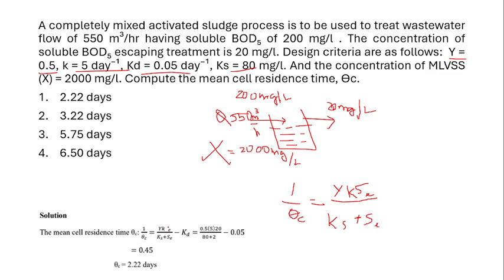Here S naught is not needed. This is the general equation to obtain theta c, which is the mean cell residence time.